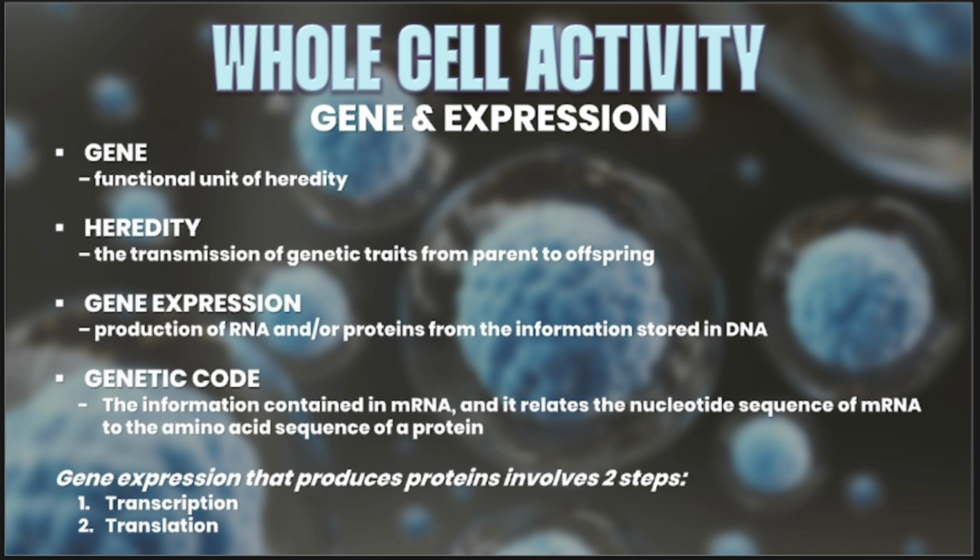We also have gene expression, the process through which the information stored in DNA is used to produce RNA and or proteins. The genetic code is the information encoded in messenger RNA, or mRNA, that links the nucleotide sequence of mRNA to the amino acid sequence of a protein.